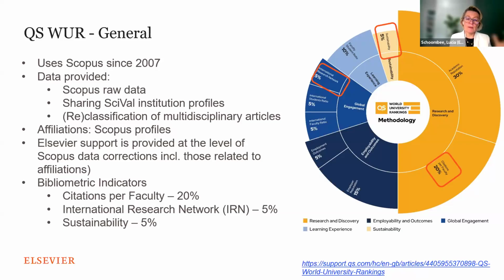And then where Times Higher Education have two different rankings to also include societal impact. QS also has a sustainability ranking, but it includes some sustainability indicators within the World University Ranking as well, where information from the Sustainable Development Goals, the mapping that we do, is also used in this indicator.